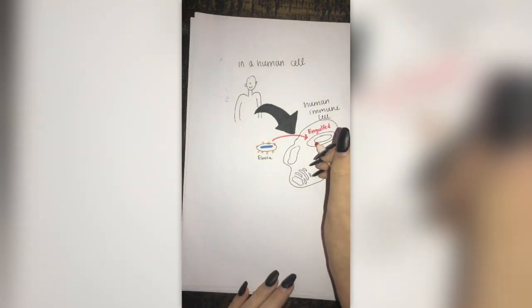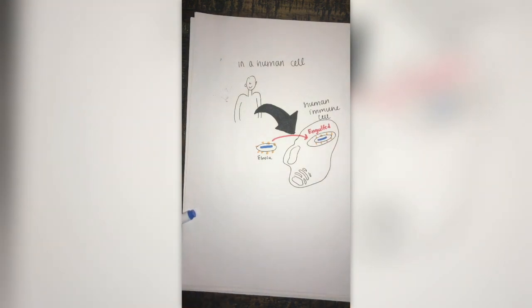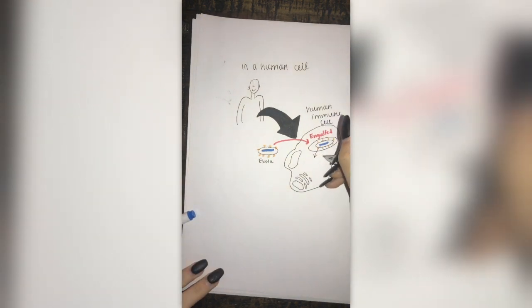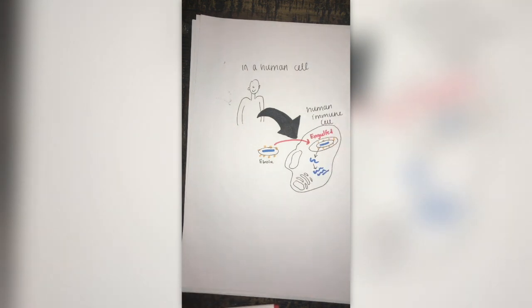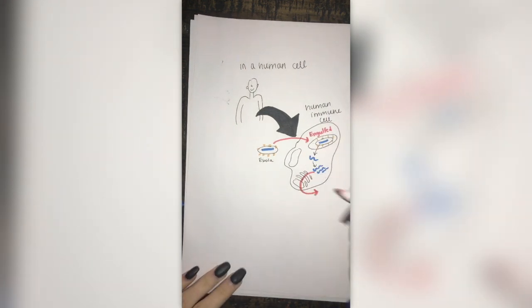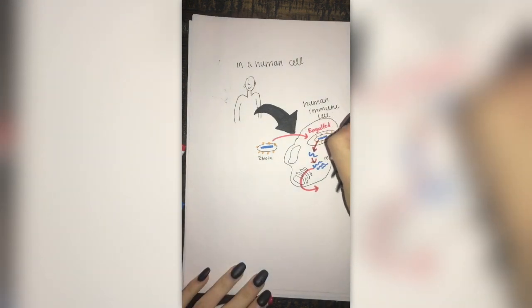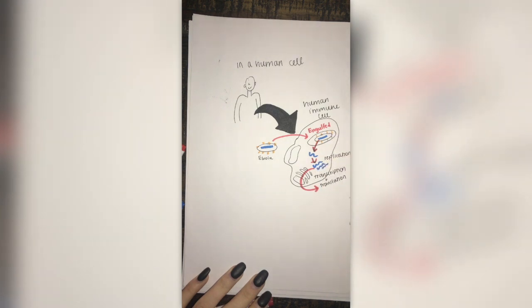Once the virus is engulfed, it will release its RNA like it did within the bat cell, and it will again replicate its RNA as shown, and then use the host cell's machinery to do transcription and translation, creating many more viruses and many more opportunities for infection.